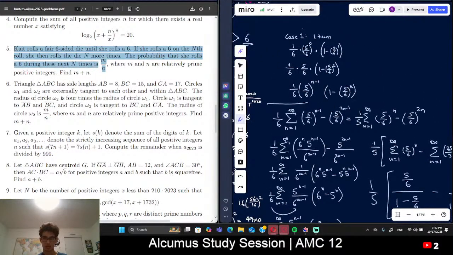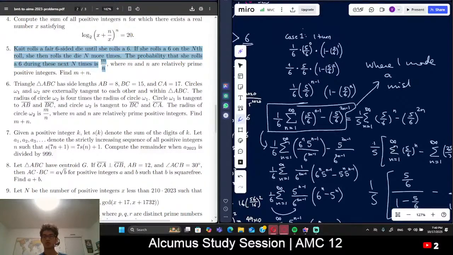I was at this stage, and then I kind of messed around from there, forgetting that I can break it up into two. That would have just been two nice and easy geometric series. I would have been able to figure out how to simplify this. So this is where I made a mistake. I still got the question right, but that was after.